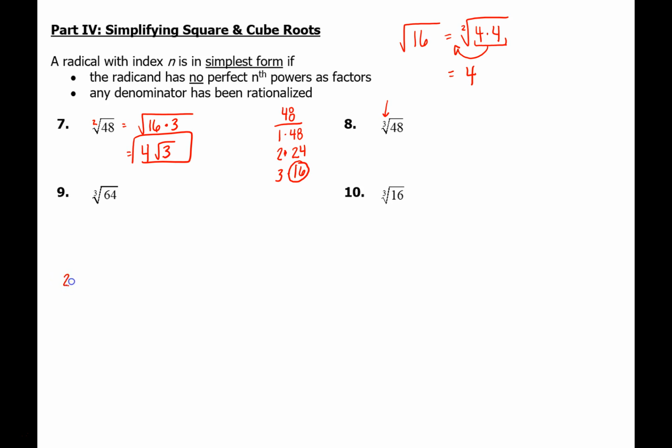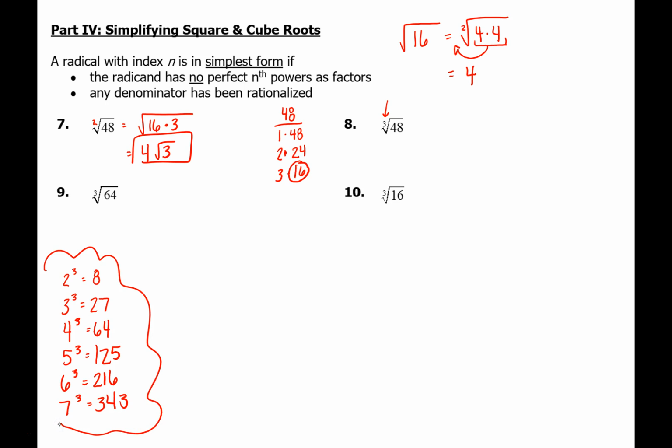So the list of perfect numbers that you're going to need is 2 to the third is 8, 3 to the third is 27, 4 to the third is 64, 5 to the third is 125, 6 to the third is 216, and 7 to the third is 343. This list of numbers is non-negotiable here. Get those memorized as soon as you can.